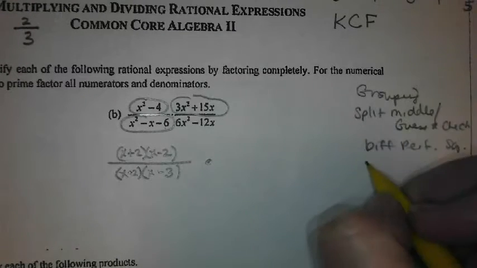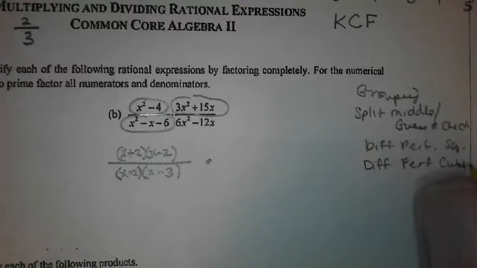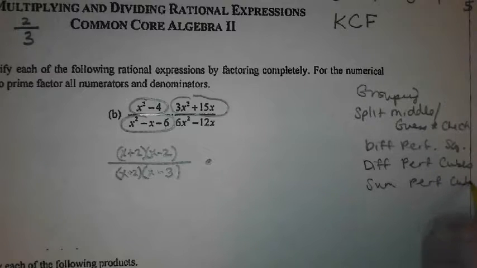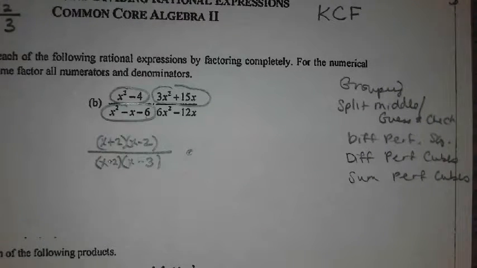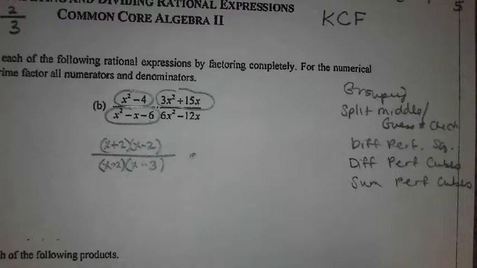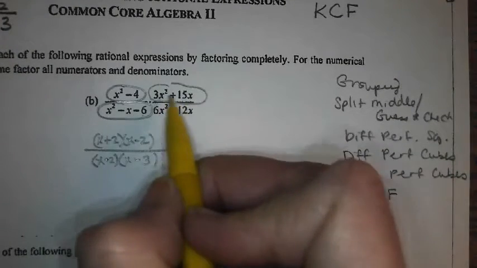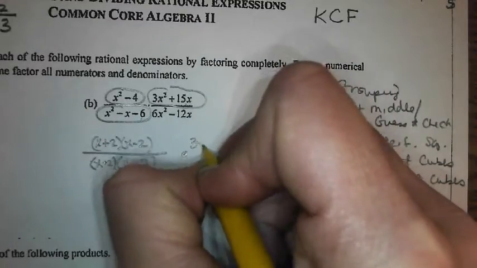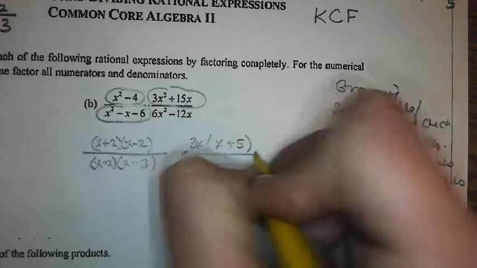Have I listed it yet? We've got difference of perfect cubes. We've got sum of perfect cubes. Have I listed it yet? Jake, have you come up with it yet? Maddie, tell them what it is. GCF. These both can be divided. What's the GCF now, Jake? 3x. And you're left with x plus 5.